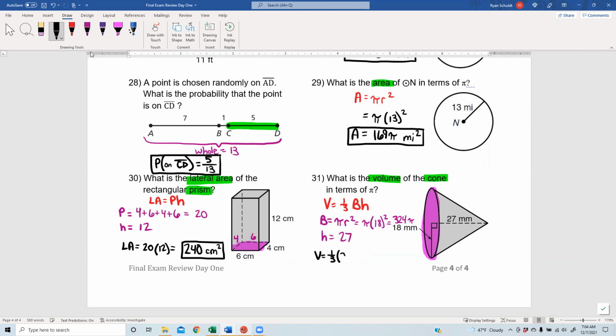1/3 of 324 pi times 27. Type everything but the pi in the calculator.